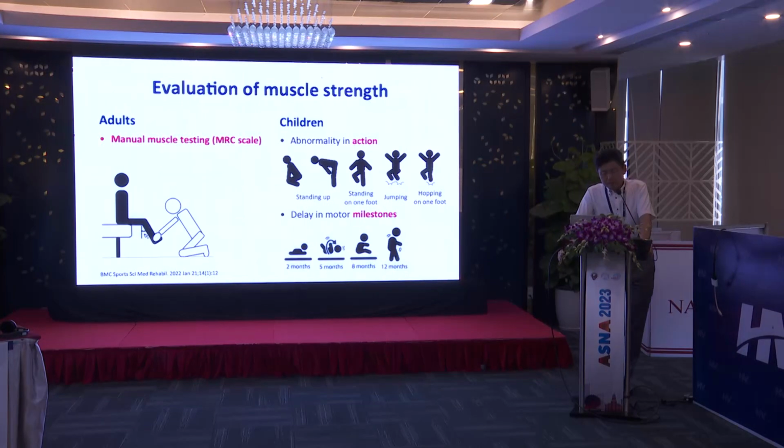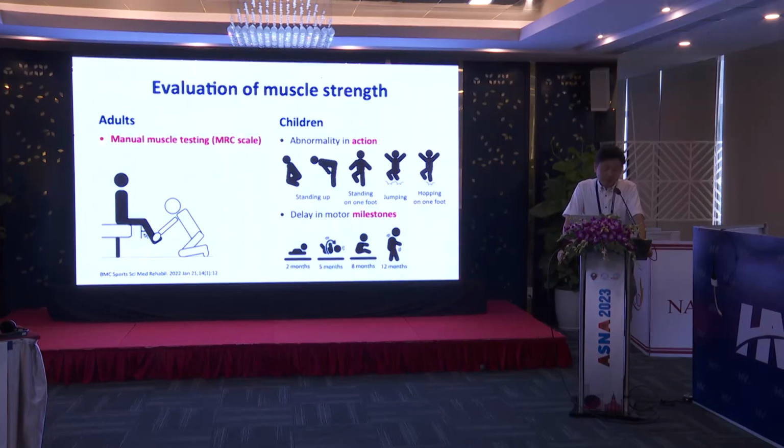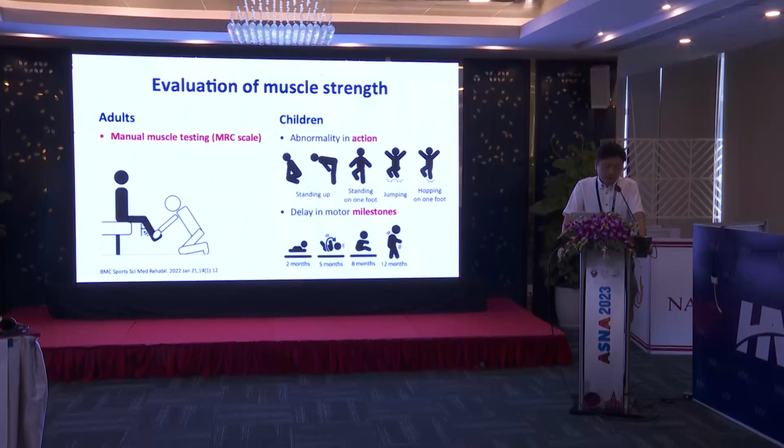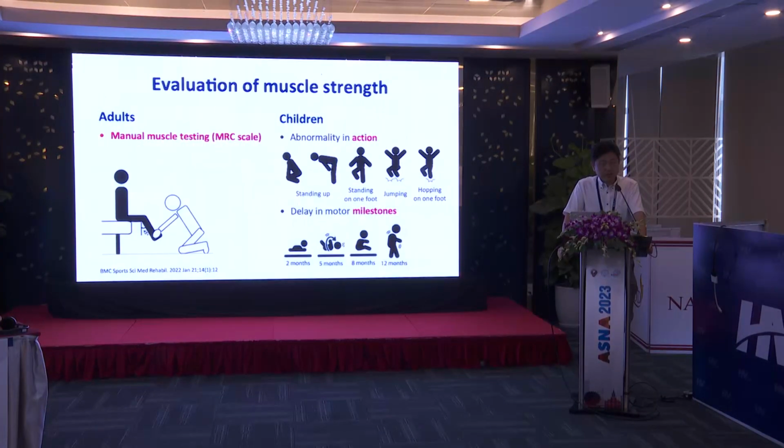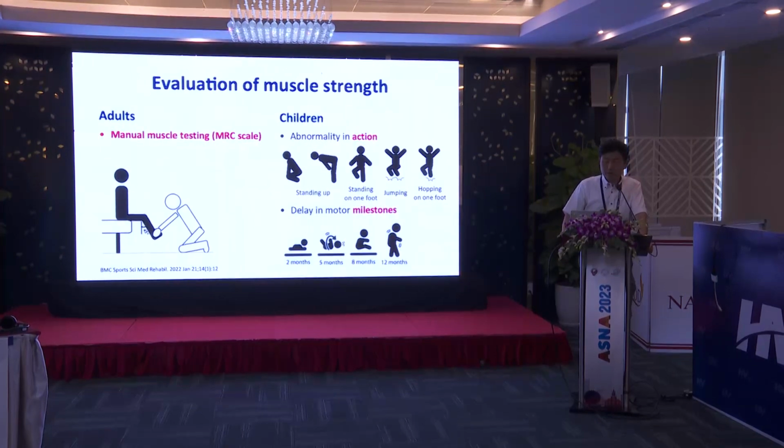Okay, so the major difference between adults and children in terms of evaluating muscle strength is that in adults, we usually perform manual muscle testing, right? And using the MRC score from 0 to 5. But the problem is in kids, of course, at a certain age, you can ask them to cooperate and you can evaluate muscle strength by manual muscle testing.